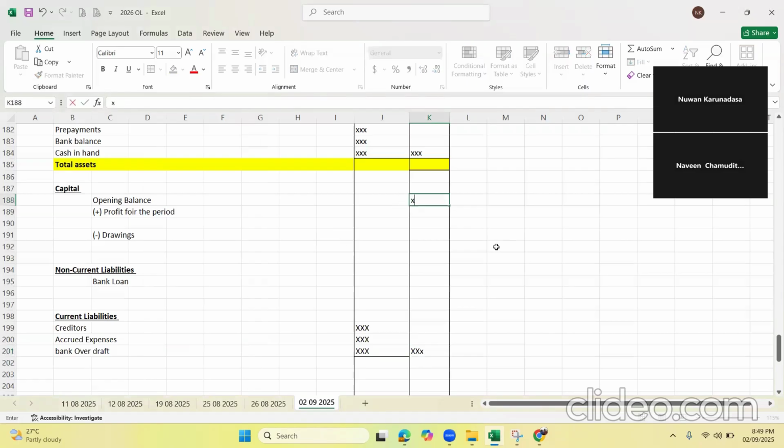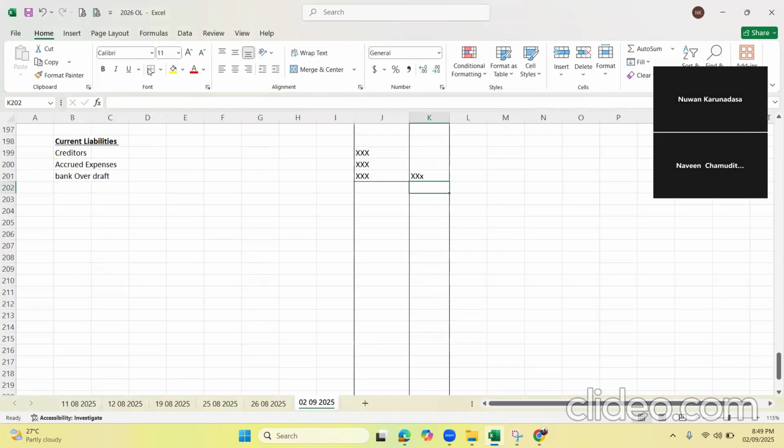Here, capital opening balance, profit for the year, then the drawings will be deducted, right? And then you take here any type of a bank loan. Then finally, you can get the total here.